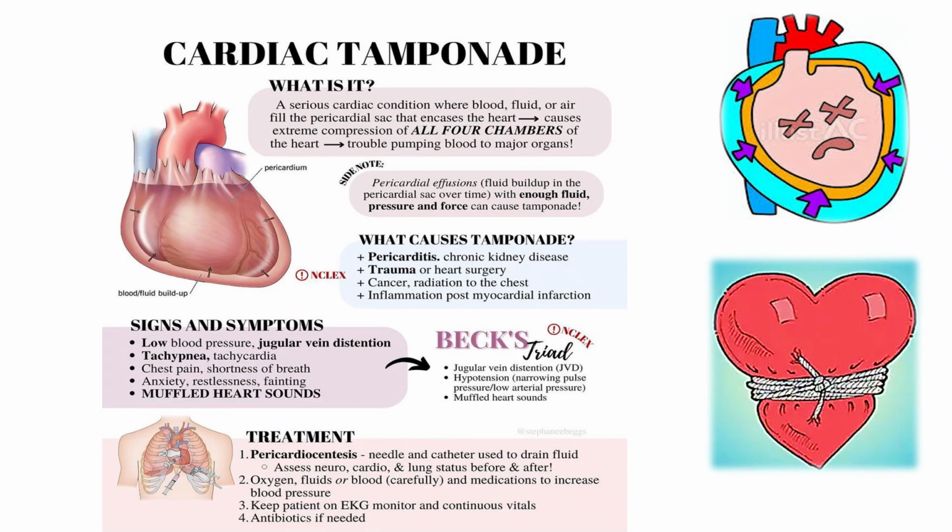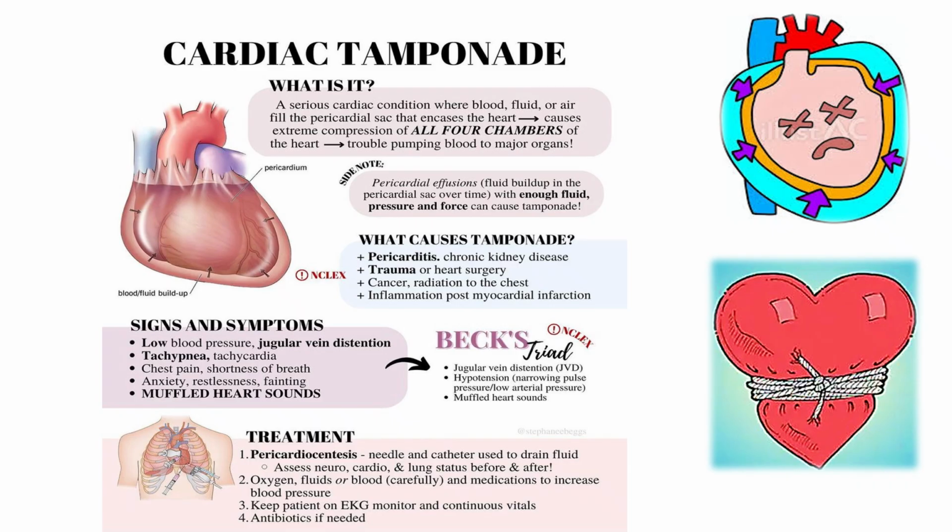Because it's going to prevent the heart from pumping, and it's going to compress on all four chambers, which is going to prevent the great vessels from delivering blood into your atrium. And ultimately, that is going to cause a pump failure. And that's why sometimes it's classified as a cardiogenic type of shock as well. But ultimately, it results from the obstruction.